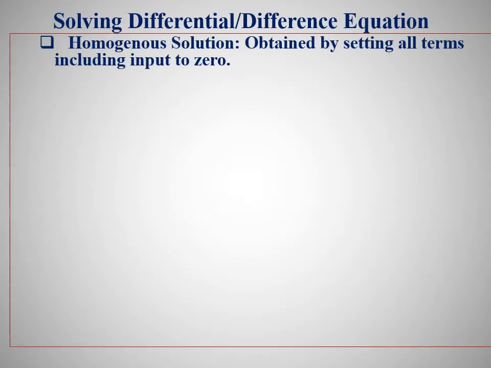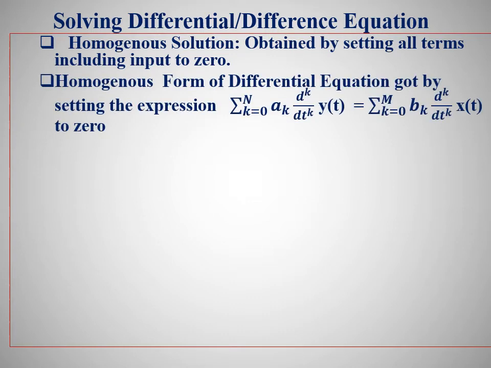Let us go on to see how a homogeneous solution could be got while solving a differential equation and a difference equation. The homogeneous solution could be got by setting all the terms including the input to 0. Thus, applying it to a differential equation, let us go back and consider the expression of the differential equation.